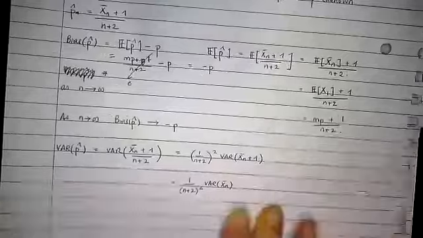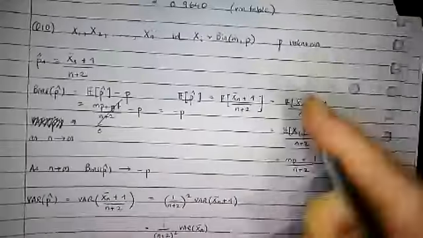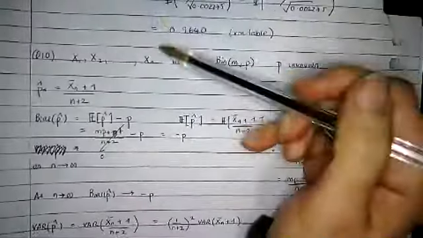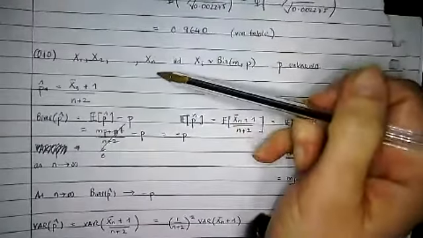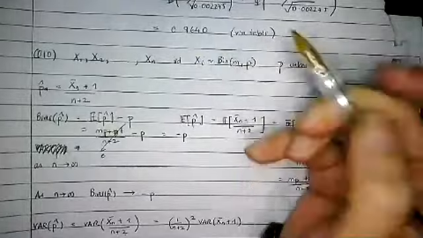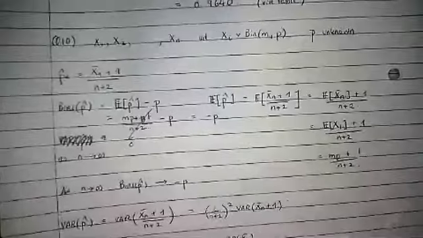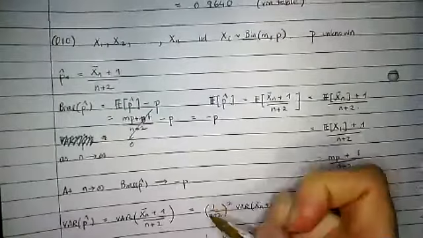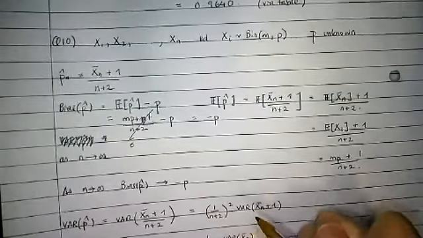And the variance of x bar n in this case is going to be the variance of one of the xi's divided by n.